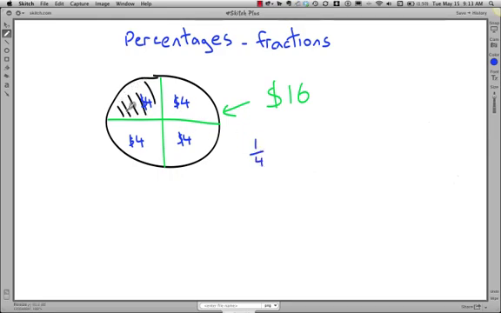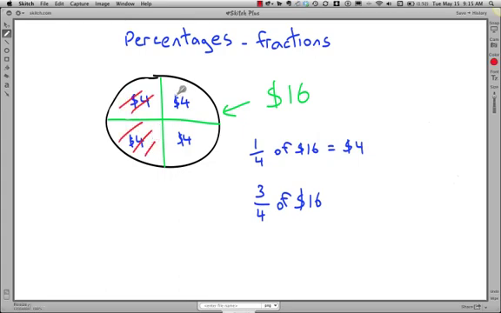So 1 quarter of the 16 must be $4. That's how it works. But what if the question was, what's 3 quarters of 16? So in this case, we're looking at 3 parts of the 4, and clearly the answer there is going to be $12. That's how it works.